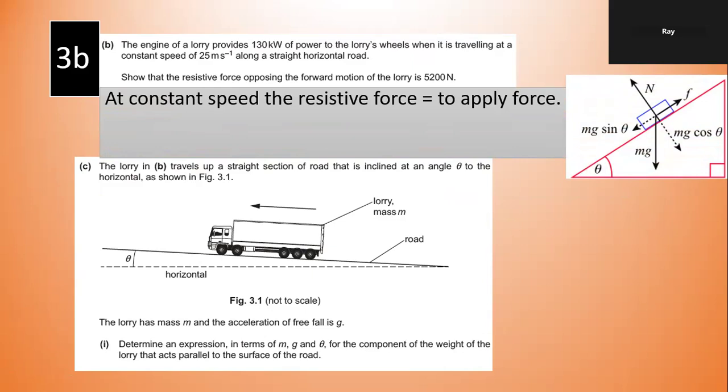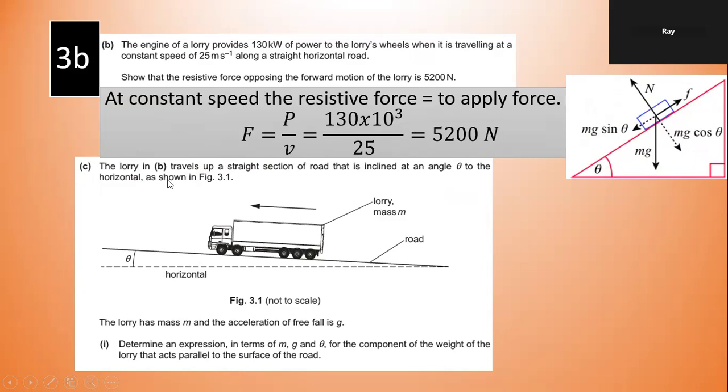Constant speed means resistive force equals applied force. So it's power divided by speed, and the speed is 25, so it's 5,200.